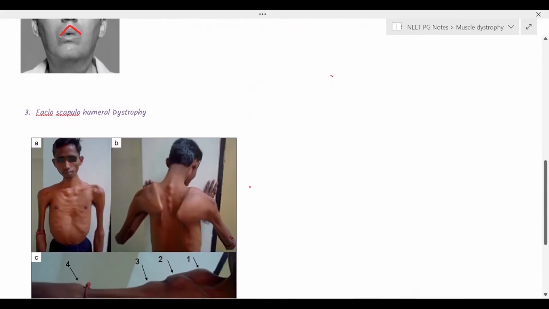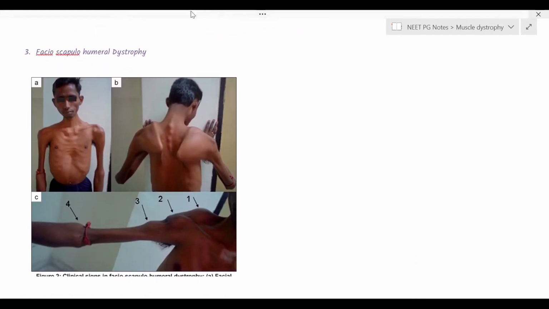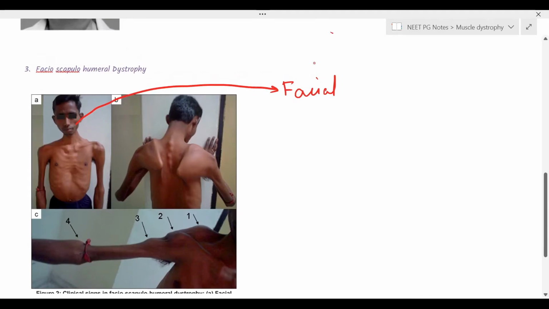Fine. Then we have a simple one. It's a very easy one. The name itself will be having the problems that are happening in this disease. So first, the patient will be having facial weakness. Facial weakness is also seen in this patient, right?